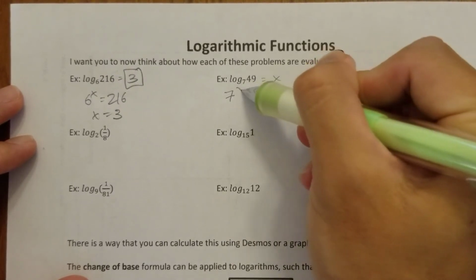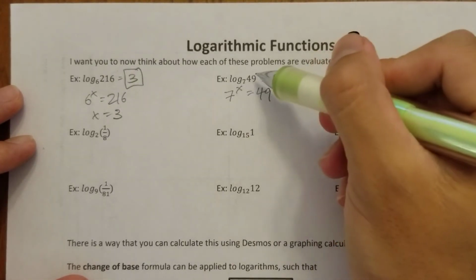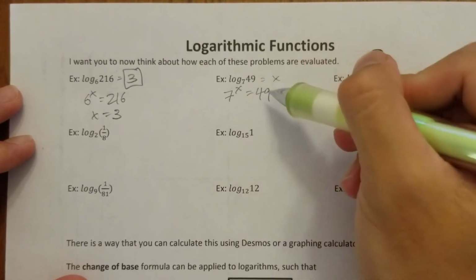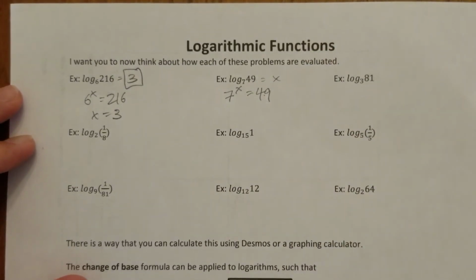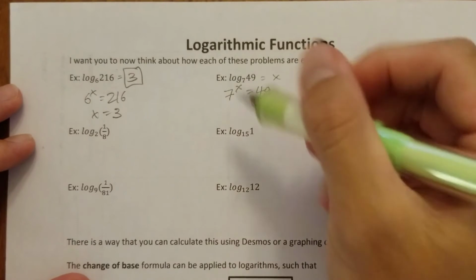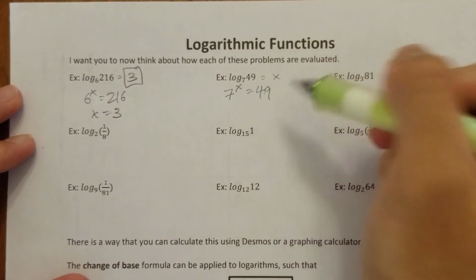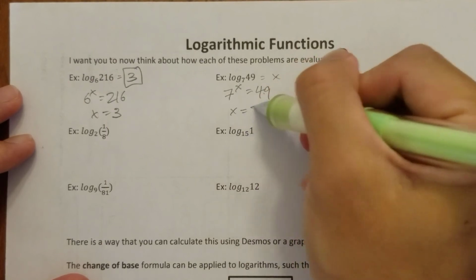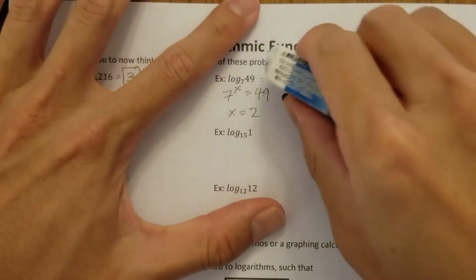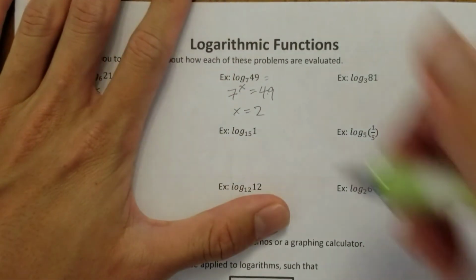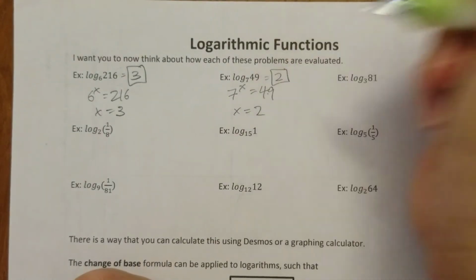This is our exponent. If you try to think about this, 7 times 7 is going to be 49. X is 2. So log base 7 of 49 is going to be 2.